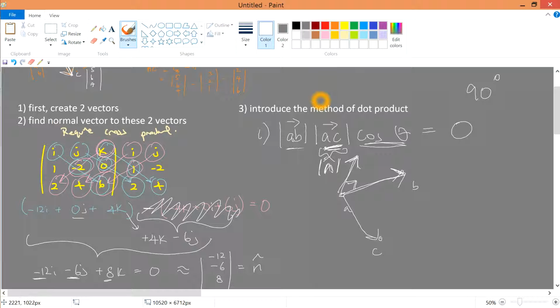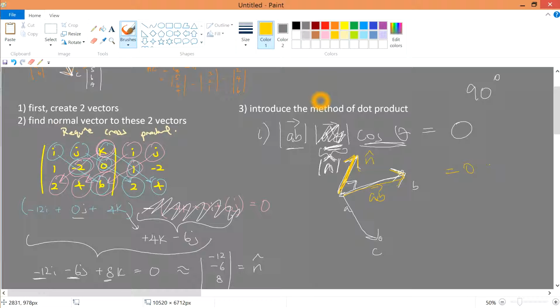So this yellow line is the normal vector. The normal vector multiplied with AB, this is AB, has to be equal to 0.